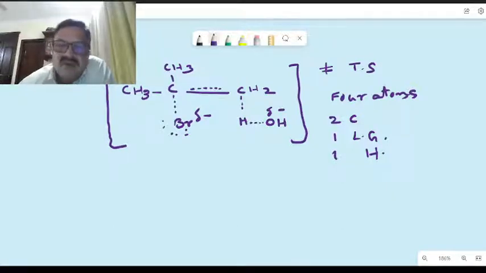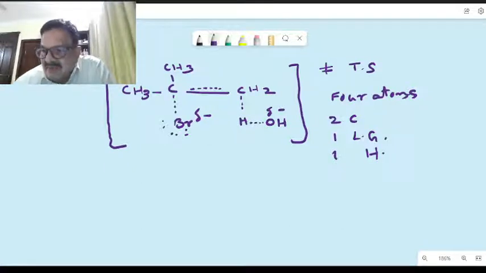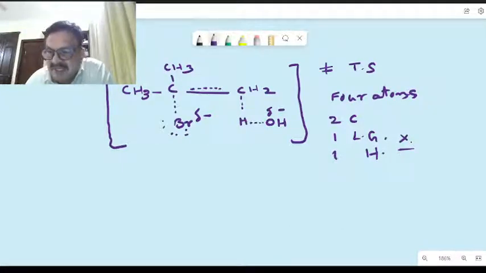So these 4 atoms react at the same time and they react only if they possess a particular stereochemical arrangement. Now let us examine what is the stereochemical arrangement here. The transition state of an E2 reaction consists of 4 atoms: 1 hydrogen, 1 leaving group, that can be this X, the halogen atom, and 2 carbon atoms.